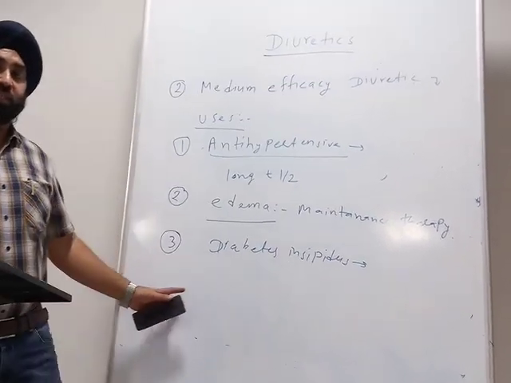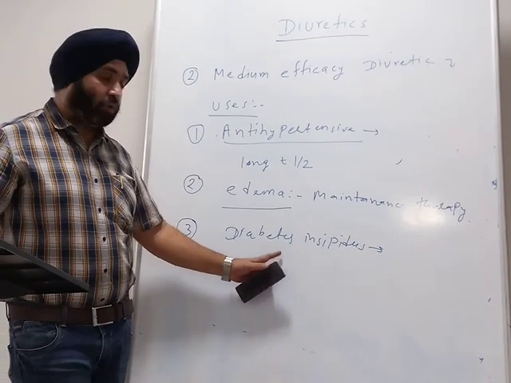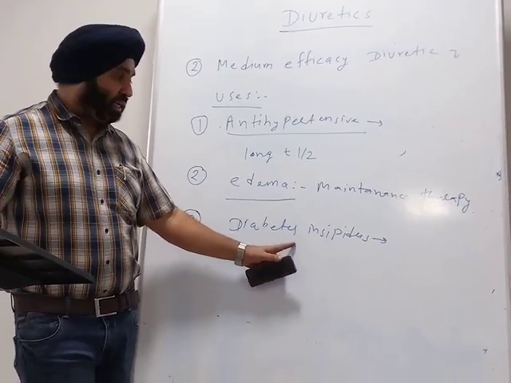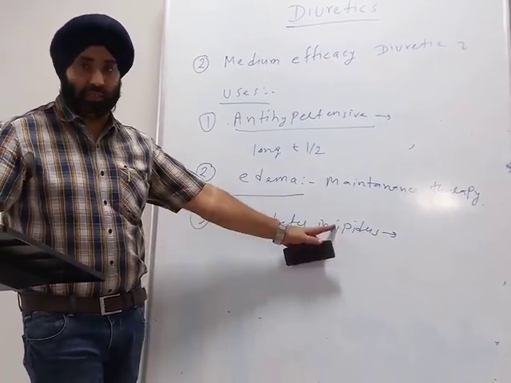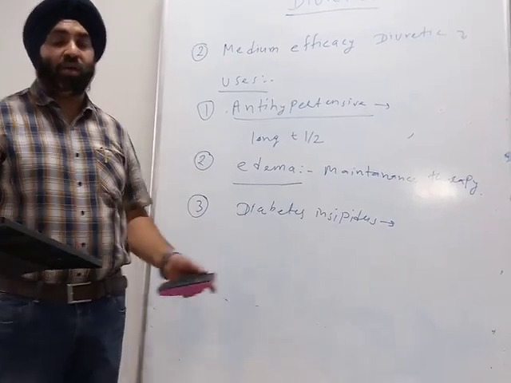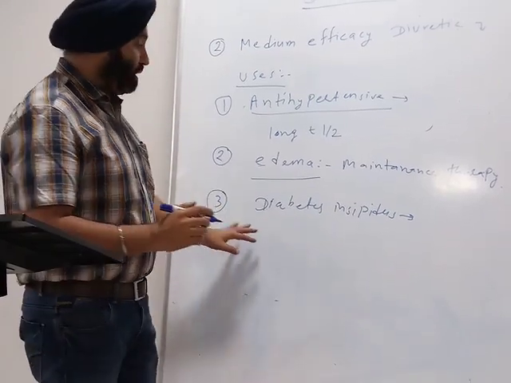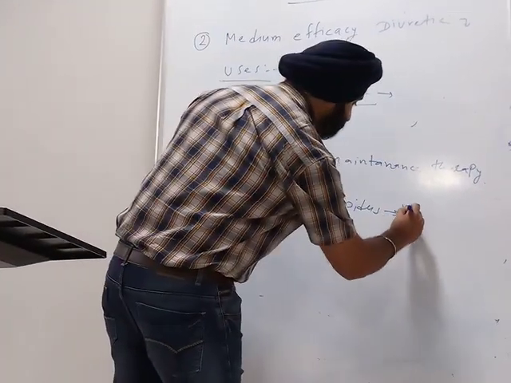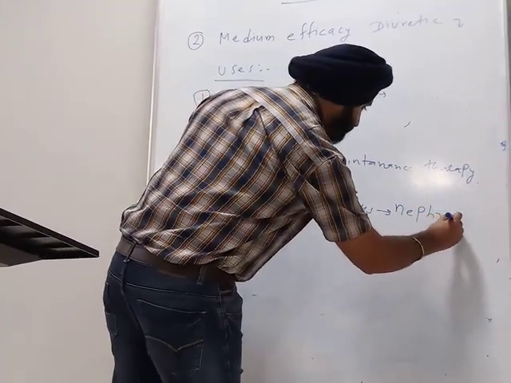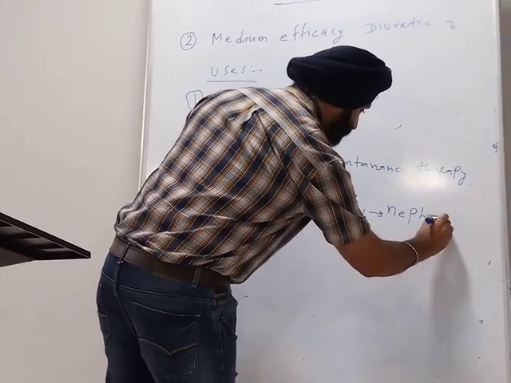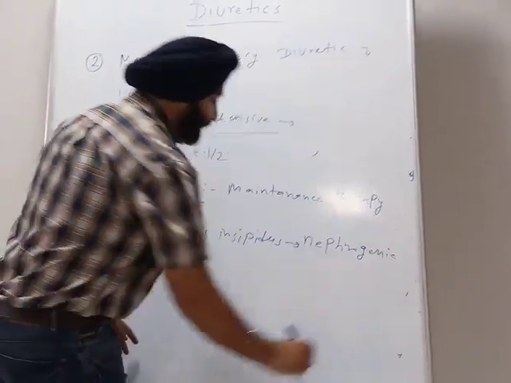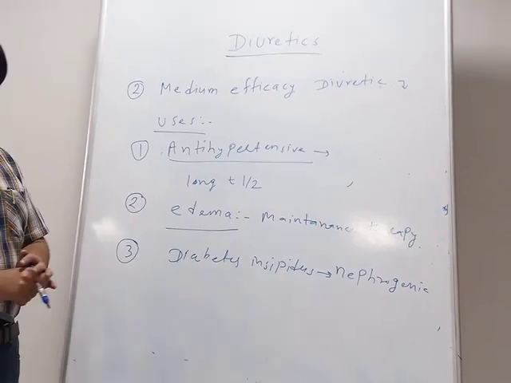Other than this, though they increase the urine volume, paradoxically they are useful in diabetes insipidus, a condition in which the urine volume is increased, which is the nephrogenic type of diabetes insipidus. We will discuss later how they are useful.